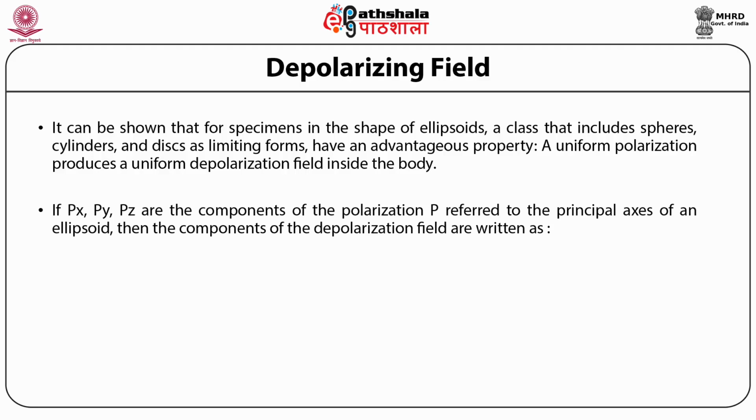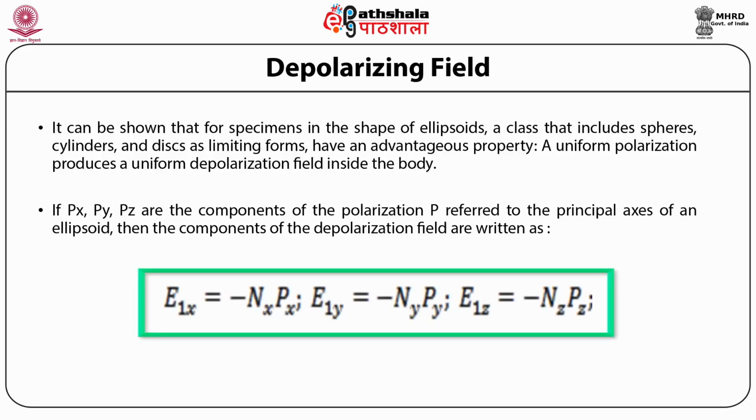If Px, Py, Pz are the components of the polarization vector P referred to the principal axes of an ellipsoid, then the components of the depolarization field are written as E1x equals minus nx Px, E1y equals minus ny Py, and E1z equals minus nz Pz.